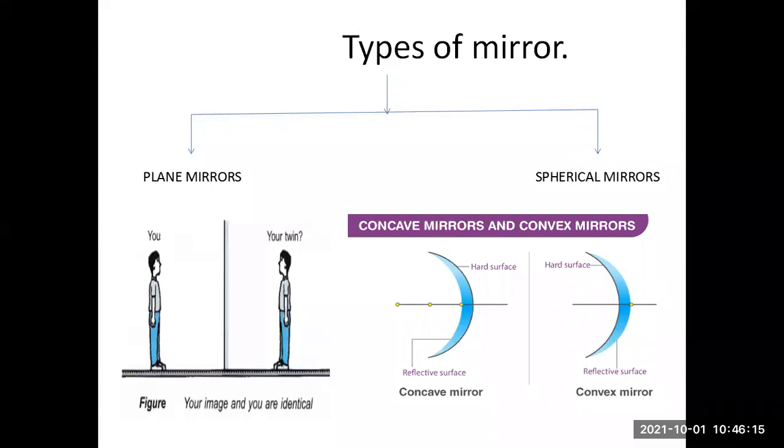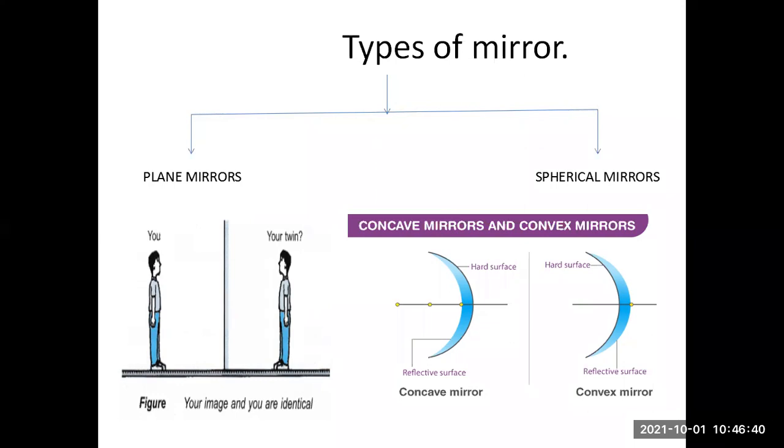You can see in the first figure your image and you are identical. When you stand in front of the mirror, it seems that your twin is standing inside the mirror. Exactly whatever is in front of the mirror is reflected back through the plane mirror. So what are spherical mirrors?